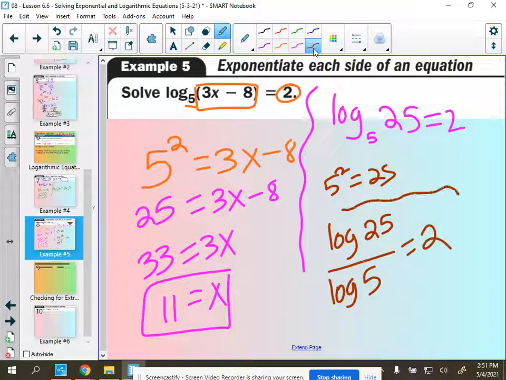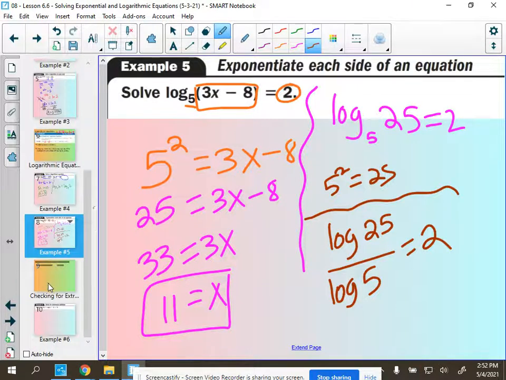So there are 2 options for checking there. There's a shorter, no-calculator situation: just rewrite it, 5 to the second power equals 25. It's good in most situations, although we'll see in a second, we might miss an extraneous situation. Or actually use the change of base formula. So that's the check part of it.